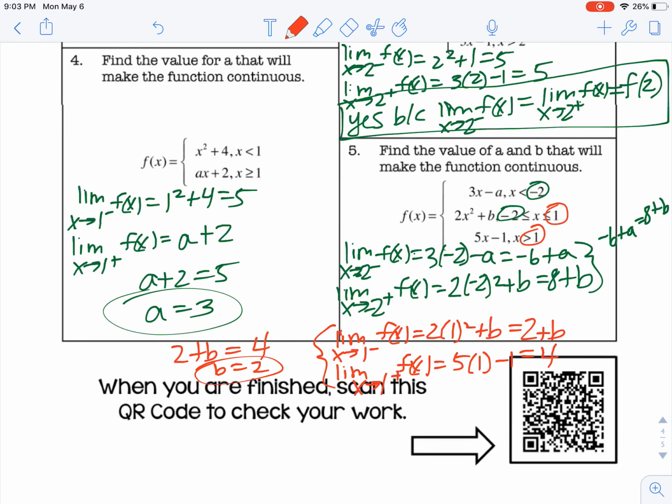So now I can go back up to this equation and I can say, all right, well, negative 6, it should be a minus a, not plus a. Fix that.